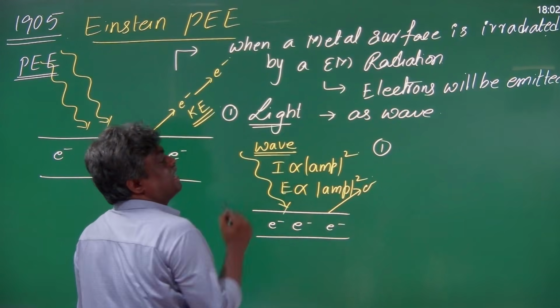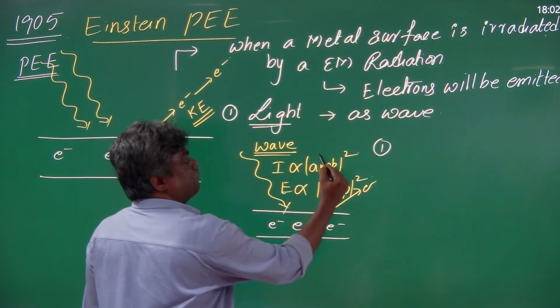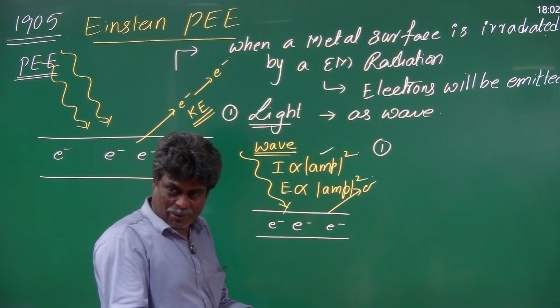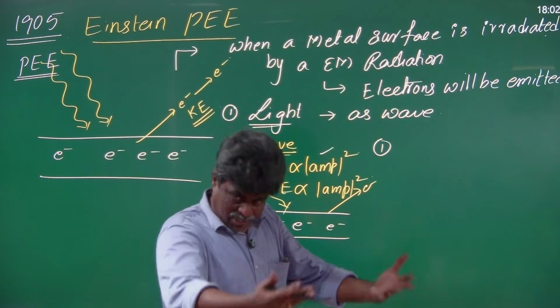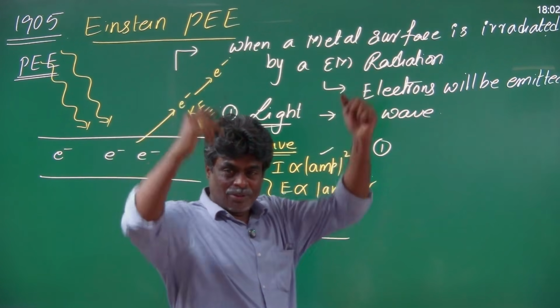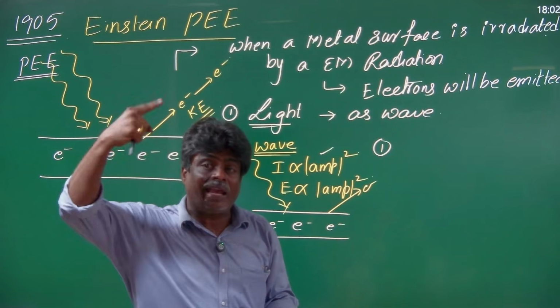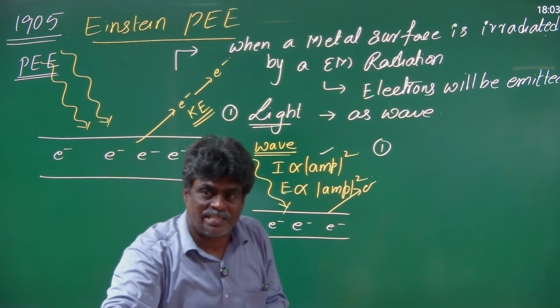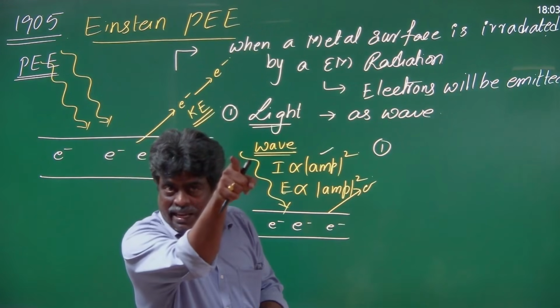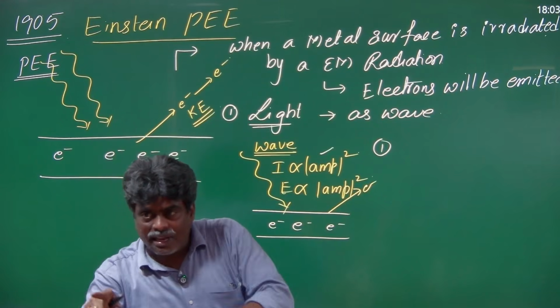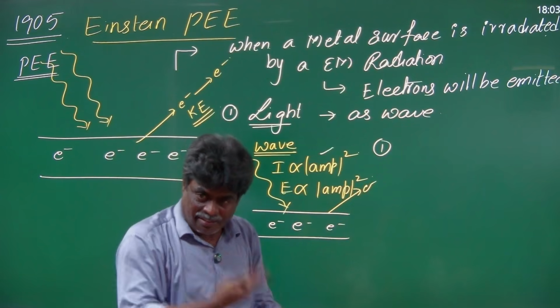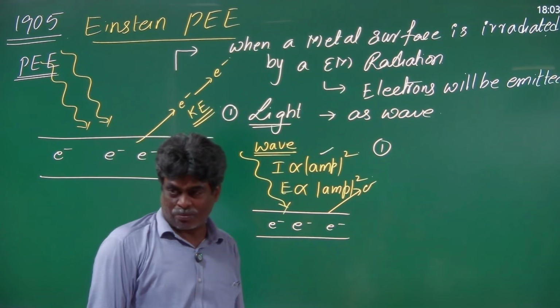If it behaves like a wave, intensity is proportional to amplitude square and energy is also proportional to amplitude square. So more intensity means more energy. So if you are sending high intensity light, means you are sending high energy light. If you are sending high energy light, the electron also should have more kinetic energy or less kinetic energy? You understand this point?